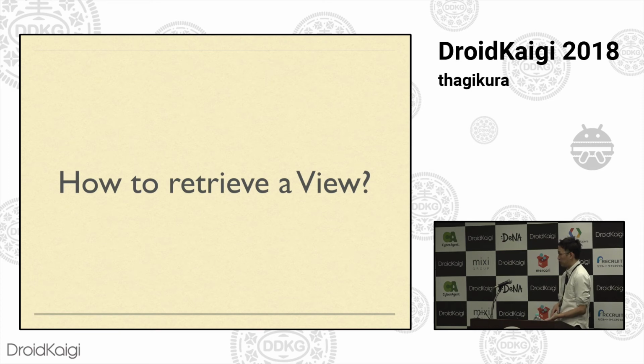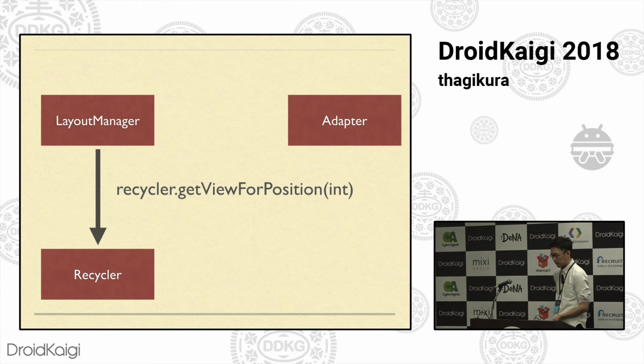Then, given how the cache works in RecyclerView, how can you retrieve a single view? The layout manager usually retrieves the view through the recycler, like the layout manager calls the method getViewForPosition.